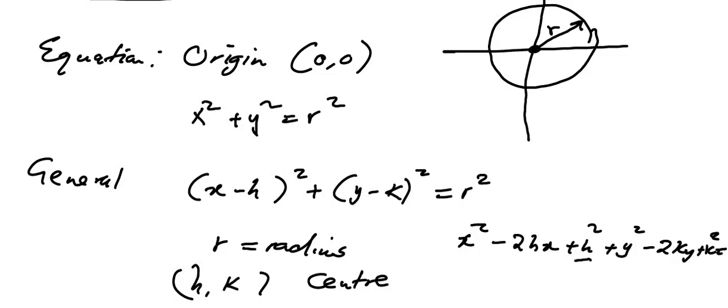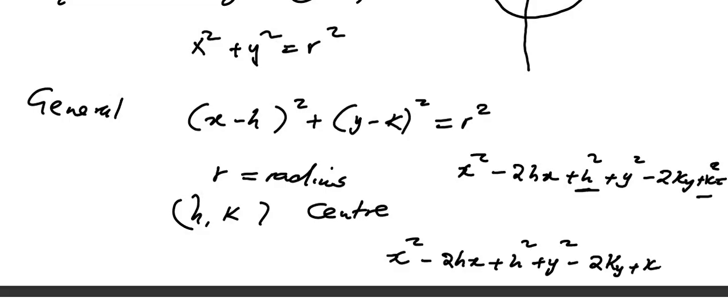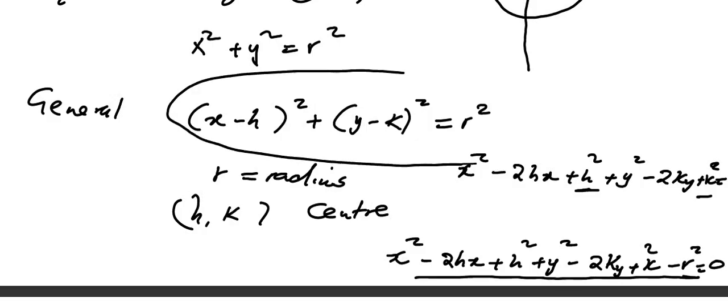Then they'll move the h squared and the k squared and r squared to the other side, so that there's just a 0 here. So the equation would be x squared minus 2hx plus h squared plus y squared minus 2ky plus k squared, then minus r squared is equal to 0. It's the same thing as this one here. It's just a general equation.